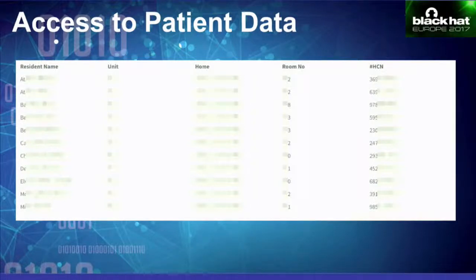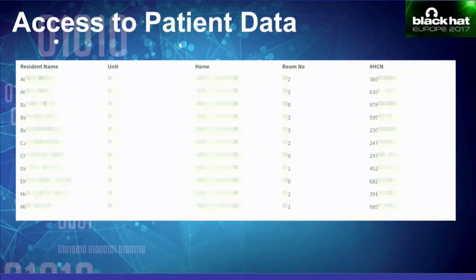Here again, it's all redacted, but we were able to pull out tons of resident names, unit, maybe where they were staying at the hospital, room number, home address, and SCN, which is basically the healthcare number for those particular patients. Again, tons of healthcare data.